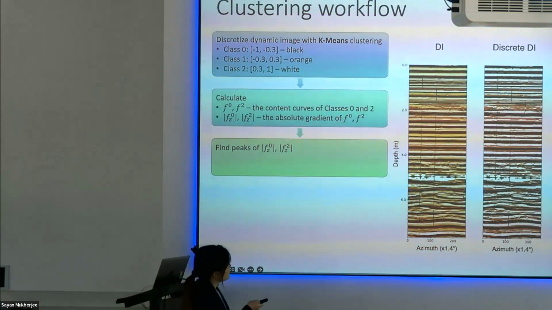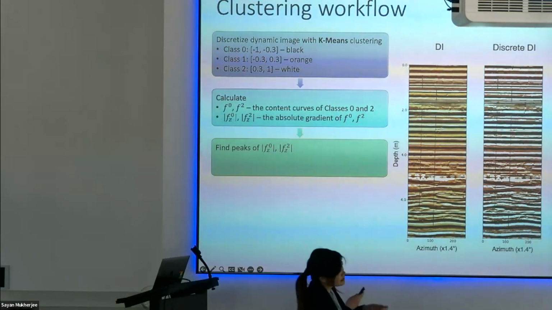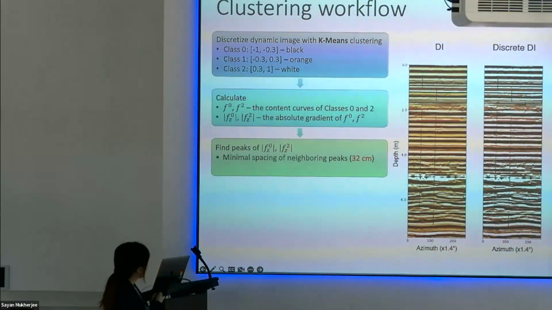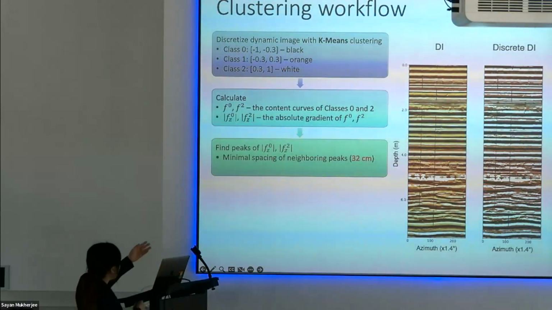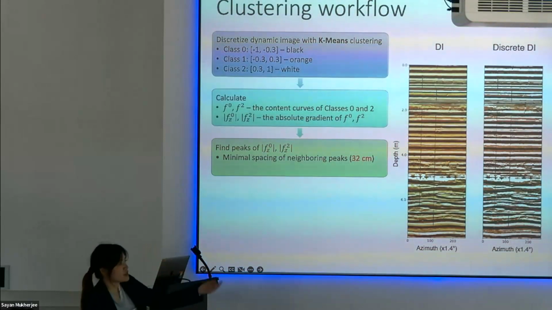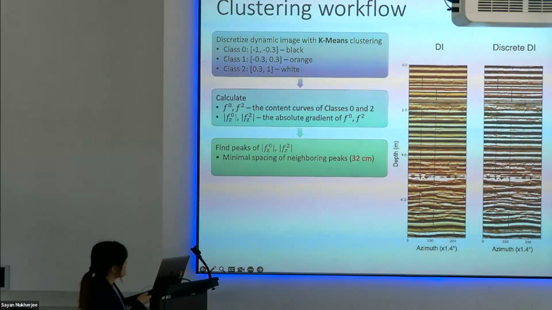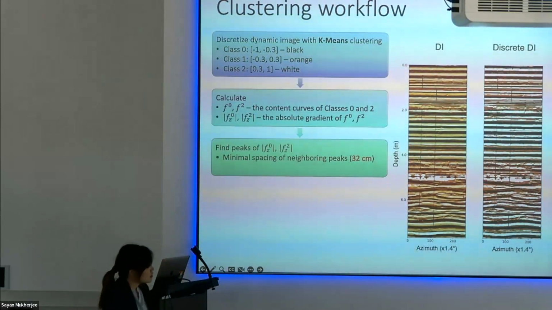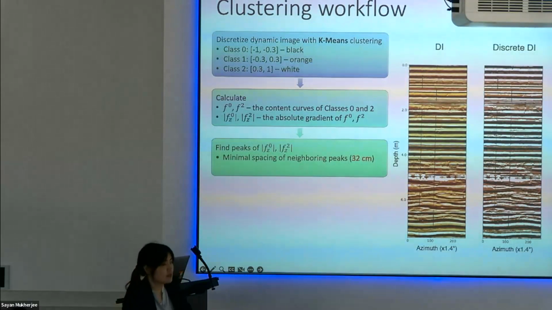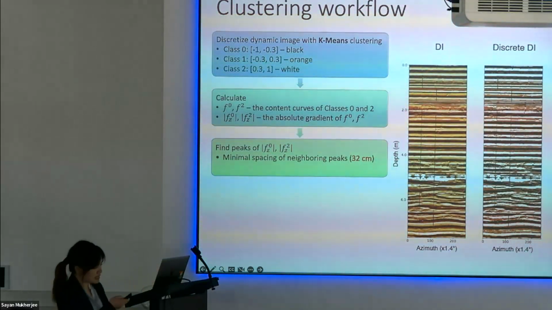As shown in this figure, those peaks are very dense, so we want to subsample them. We add a thresholding parameter, which is the minimal spacing of neighboring peaks, to downsample those peaks. In this case, this parameter is set at 32 centimeters, meaning that the vertical spacing of two neighboring peaks should be no smaller than 32 centimeters.